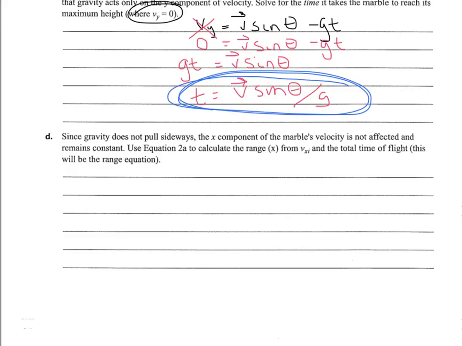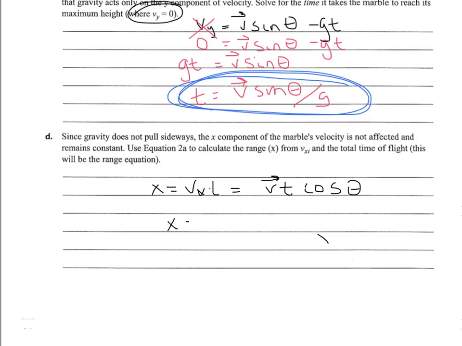Now in this last part, we're recognizing that gravity acts only in the vertical direction, not in the horizontal direction. So x equals Vx times t. And we know that that is also V arrow times t times cosine theta. So if we want to rewrite this in terms of what we know above, then we can substitute in for time.